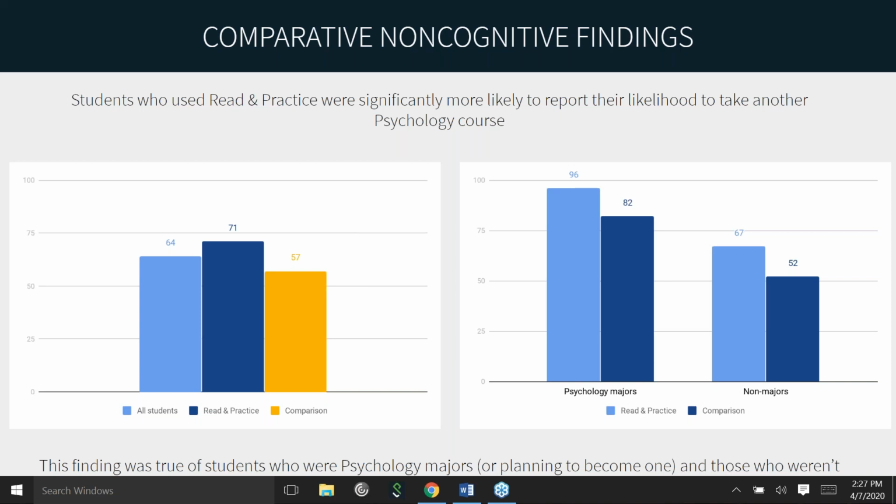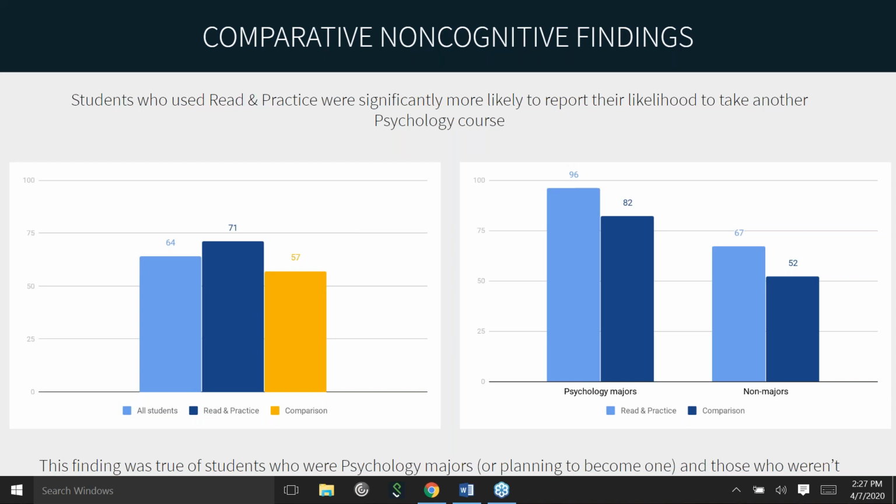Now that is all well and good, and it's a really impactful finding. But of course, whether a student is a psychology major or not is really going to impact whether they're going to take another course in the discipline. Because we were able to collect data on each student's major, we were able to break down that information by whether they were a major or a non-major.